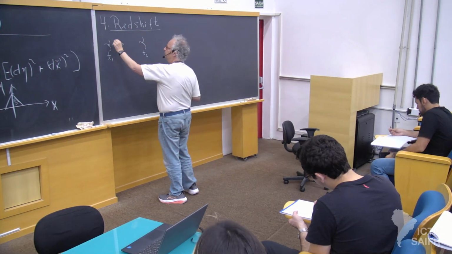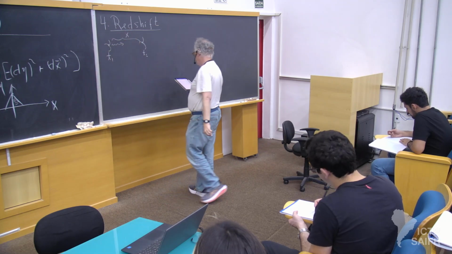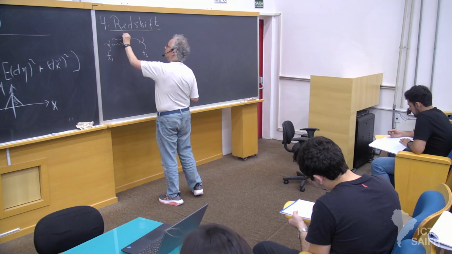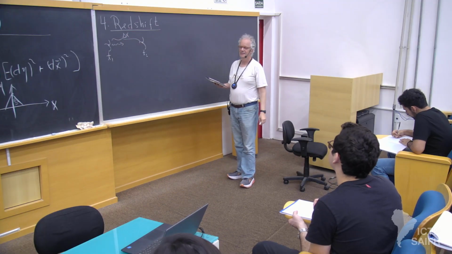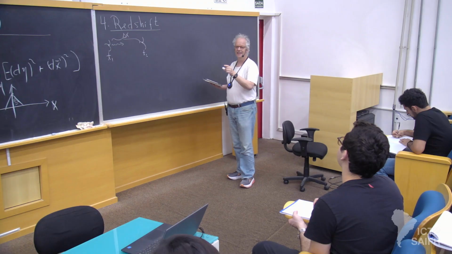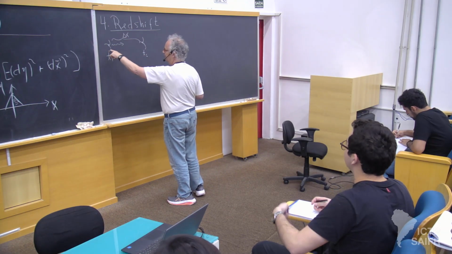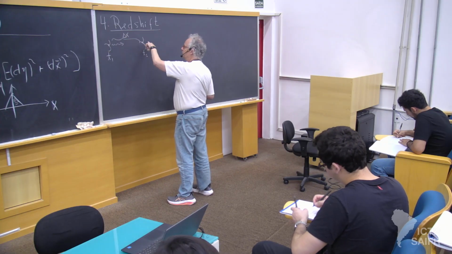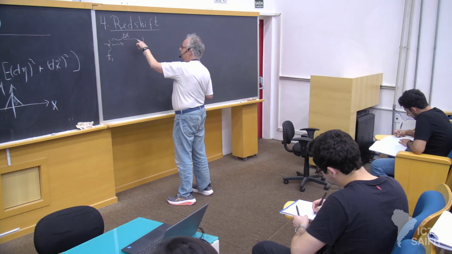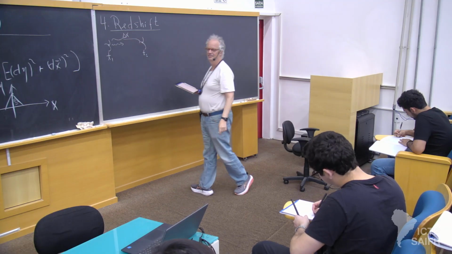And the distance between these two galaxies in comoving coordinates is delta x. So far, so good. So I have a galaxy emitting some light ray at time t1. This light ray will travel and will reach another galaxy, which is separated by comoving coordinate delta x, at time t2.